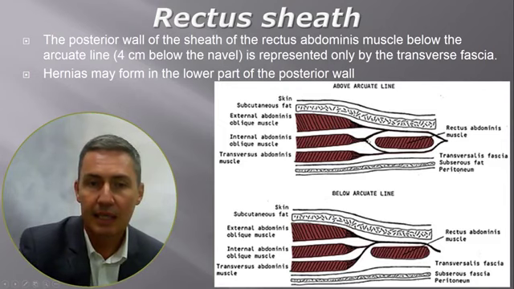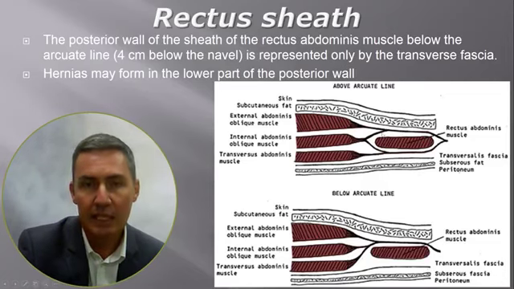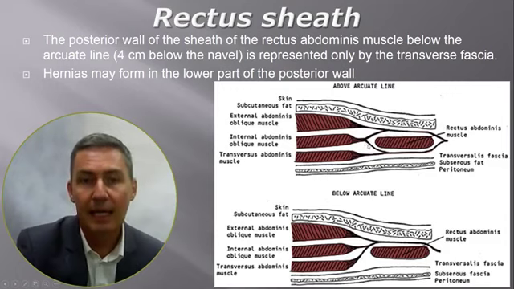So you can see, near the lateral border of the rectus muscle, the aponeurosis of the internal oblique abdominis muscle splits into two plates, superficial and deep. The superficial plate passes anterior to the rectus abdominis muscle, so it participates in the formation of the anterior wall of the rectus sheath.